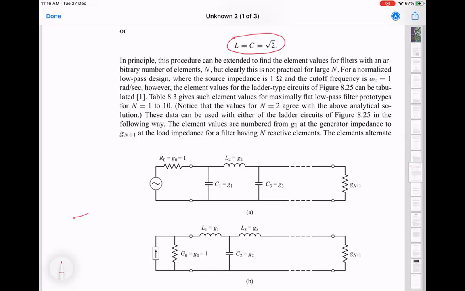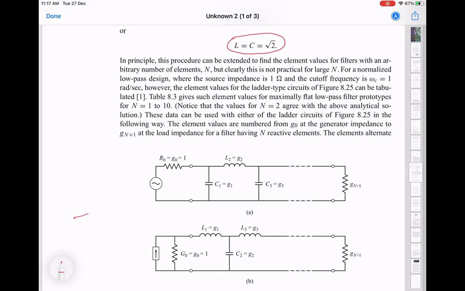So now you can do it on a computer, but earlier people used to basically create tables for this. So it forms a particular pattern where you have tables which give you values of these constants G0, G1, G2, G3. So G0 is always the value of the source impedance. So that gets fixed when you do the scaling.